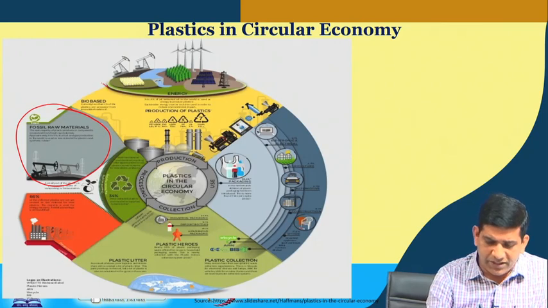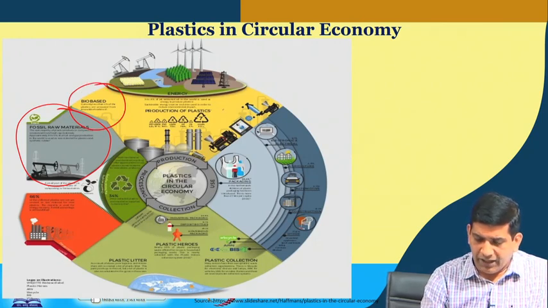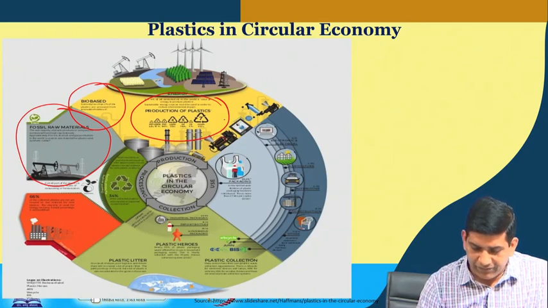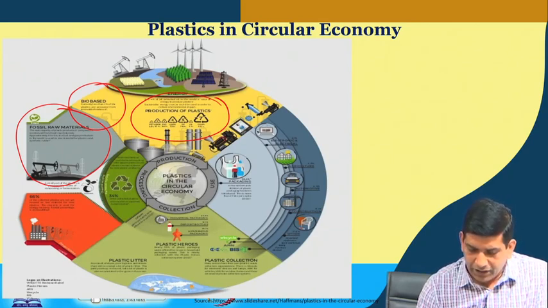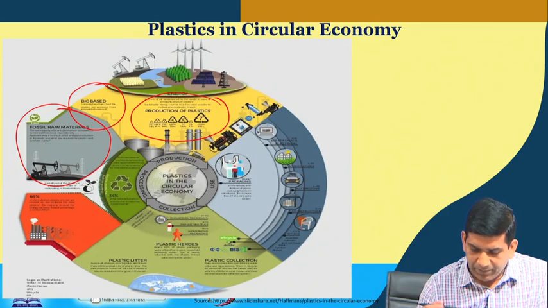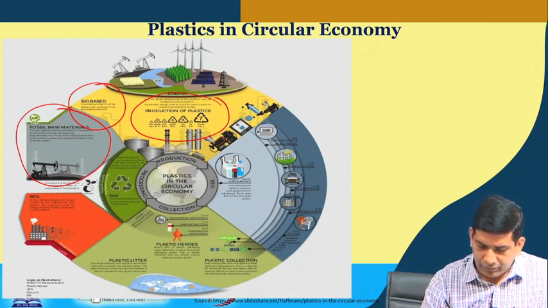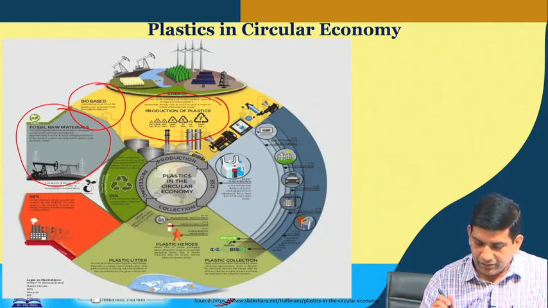Then there is some bio based material as well. We have production of plastic, different types, as you can see, 1, 2, 3, 4, 5, 6, 7, from PET, HDPE, LDPE, PP, PS and others. Then the production phase, where you have some processing, the use phase, and then some collection.